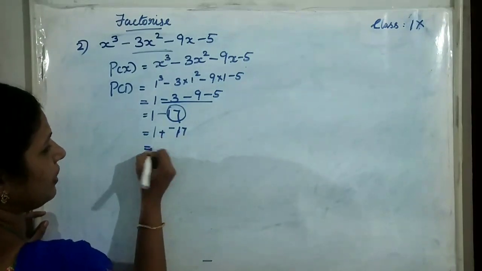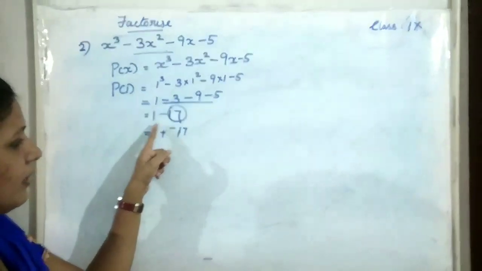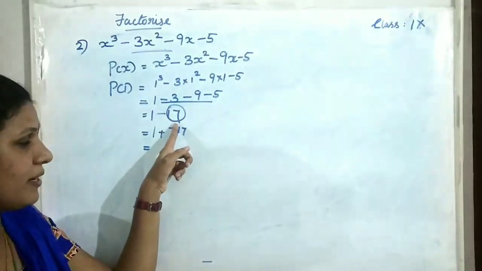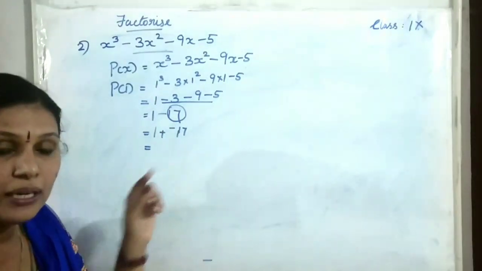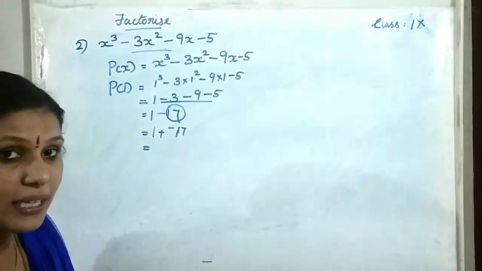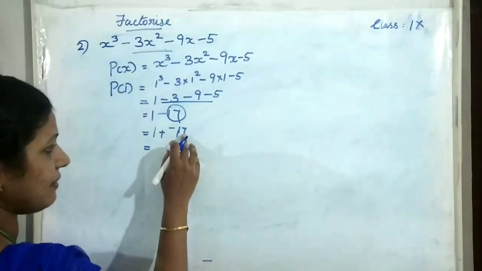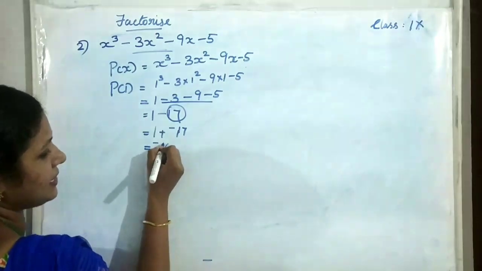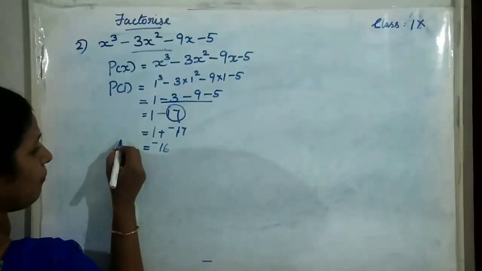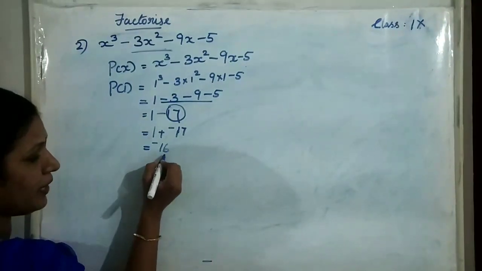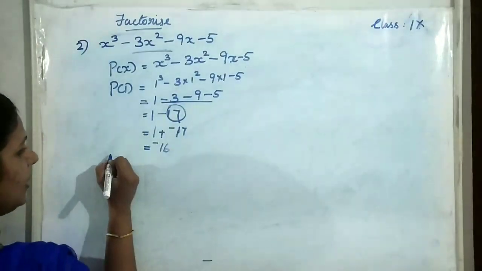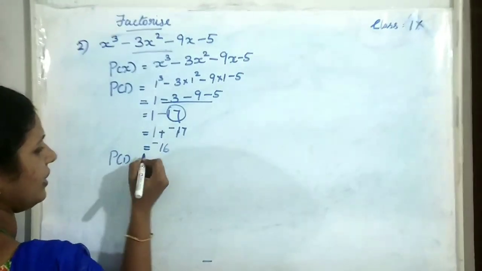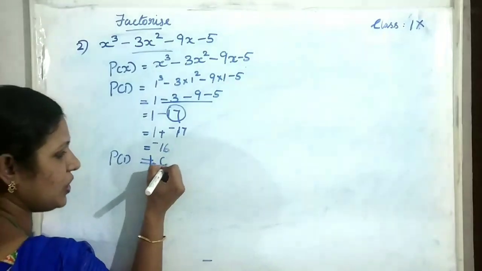Different signs came, so what will we do? Subtract and put the bigger number's sign. So 17 minus 1 is 16, minus 16. We get the value of p of 1 as minus 16. So p of 1 is not equal to 0.